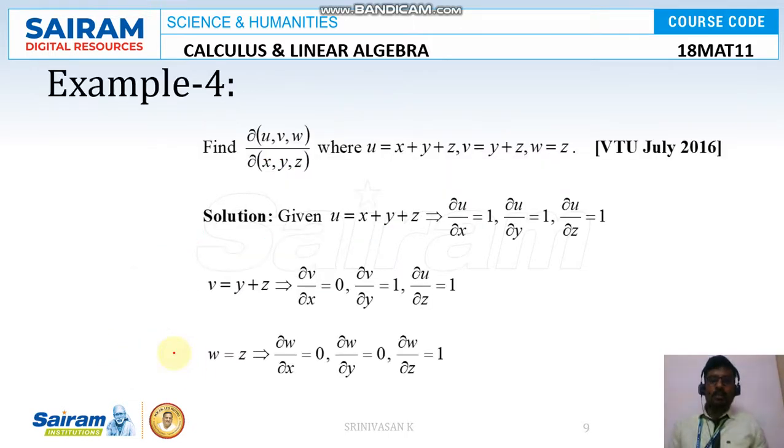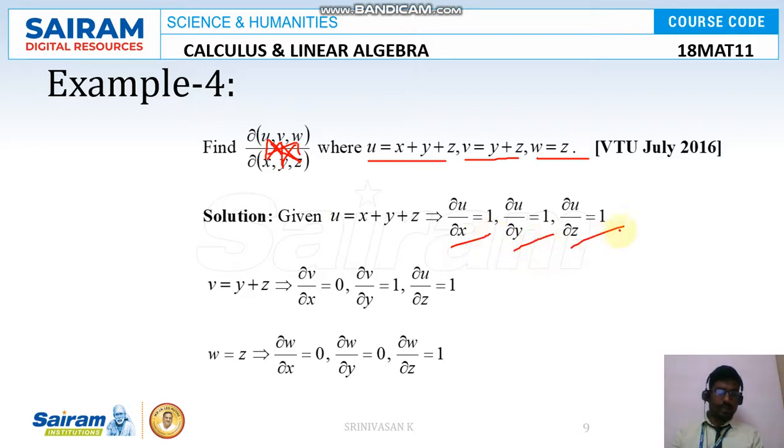And the next problem. Given the function u equals x plus y plus z, v equals yz, and w equals z. We have to find J. So ux, uy, uz, vx, vy, vz, wx, wy, wz. So ux equals 1, uy equals 1, uz equals 1. vx equals 0, vy equals 1, vz equals 1.